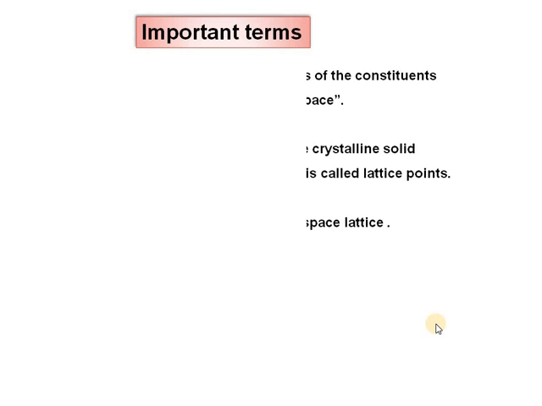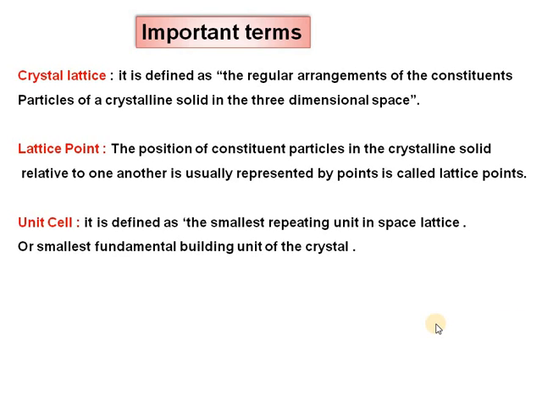Now next we are going to discuss some important terms used for crystals of solids. The first term we learn is crystal lattice. Crystal lattice is defined as the regular arrangement of the constituent particles of a crystalline solid in three-dimensional space.